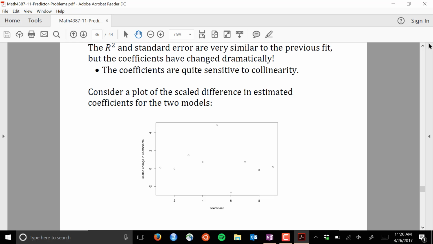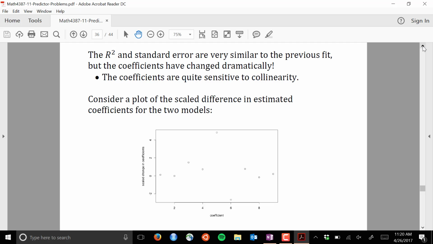This is another way of looking at the change in the regression coefficients. I'm looking at a plot of the scale difference in estimated coefficients for the two models. I'm taking the difference between the estimates for the two models and dividing by the estimated coefficient for the original model.